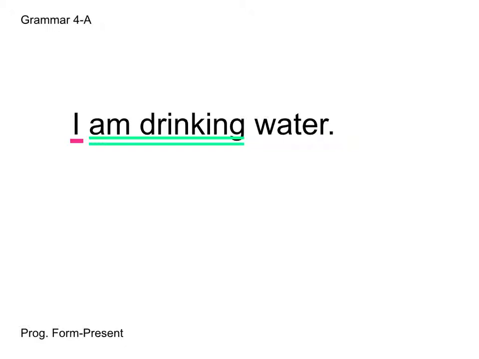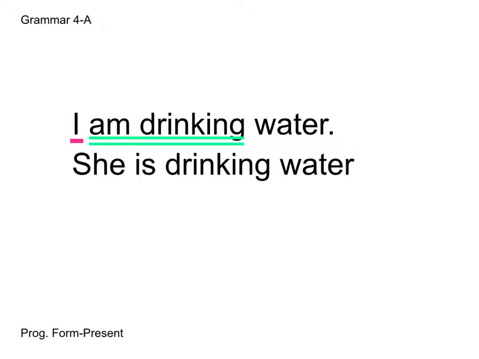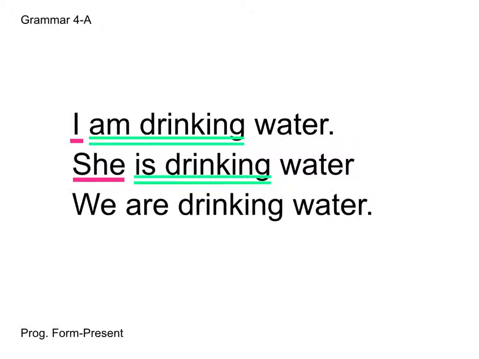Now let's look at a couple of other examples with the same format. She is drinking water. She is our subject, therefore is our helping verb because that is the appropriate tense and the appropriate conjugation of to be for she. And then we add the ing to the main verb again, making drink to drinking. And then we have the verb, we are drinking water.